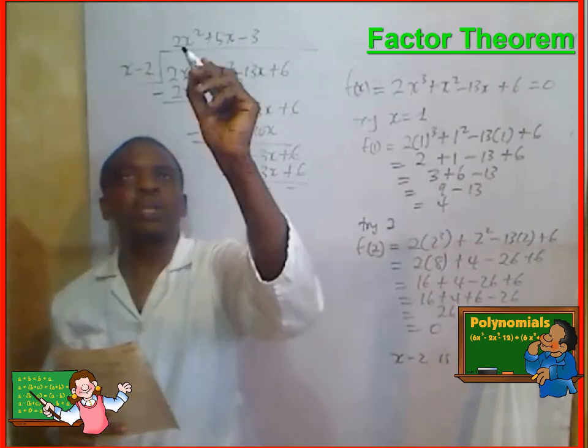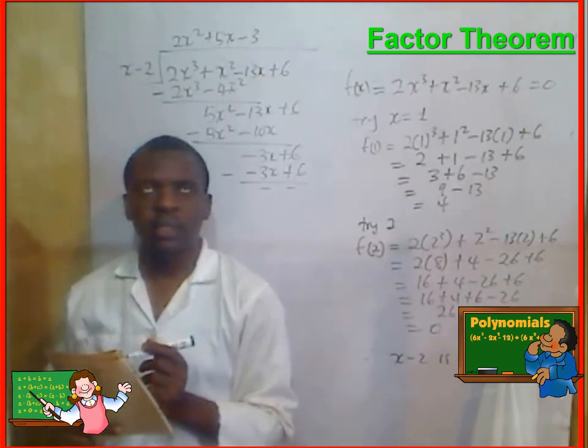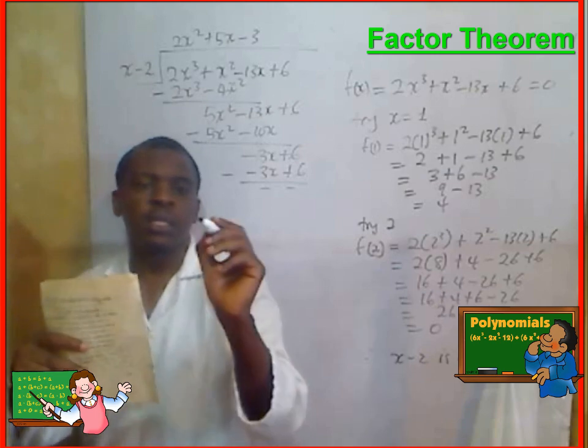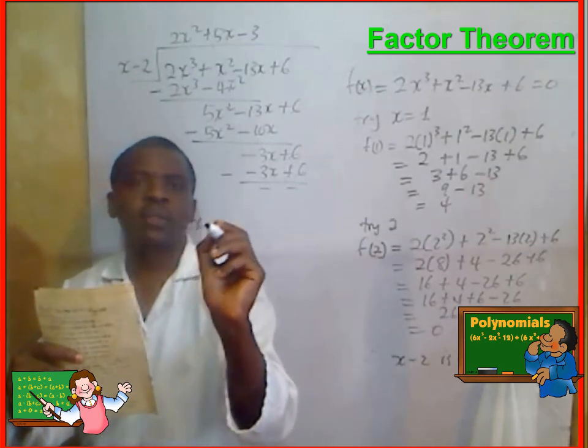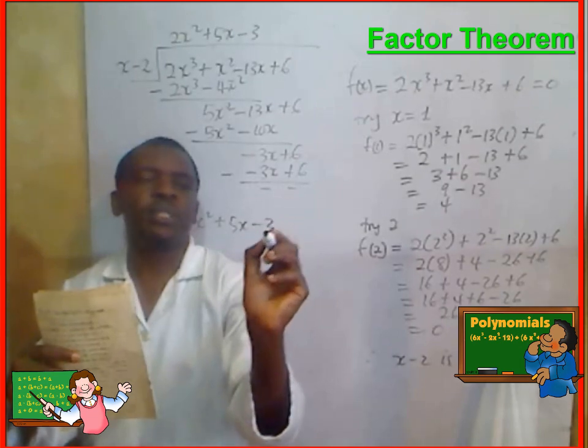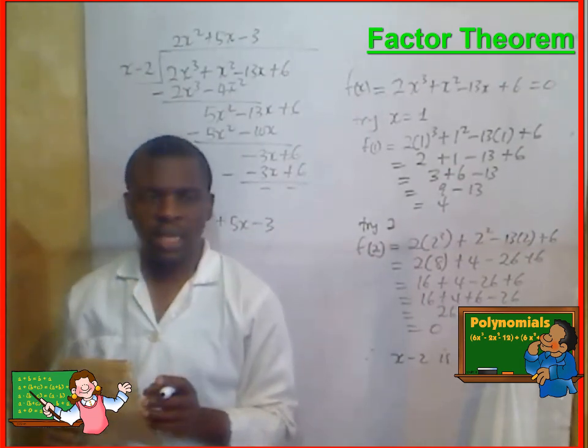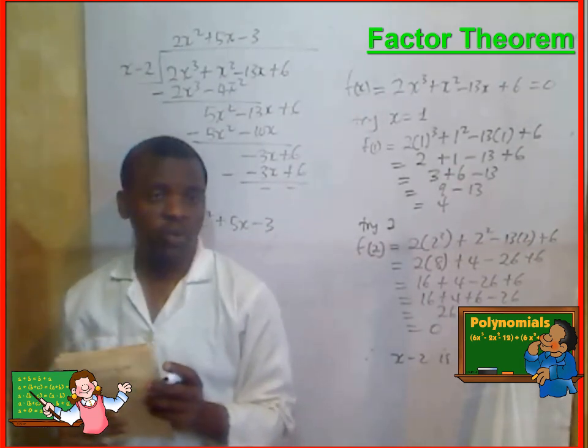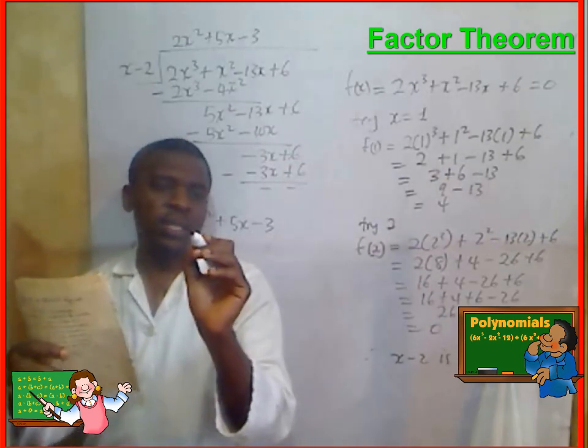So here we are left with a quadratic. This is 2x squared plus 5x minus 3. Now, how do I factorize this?